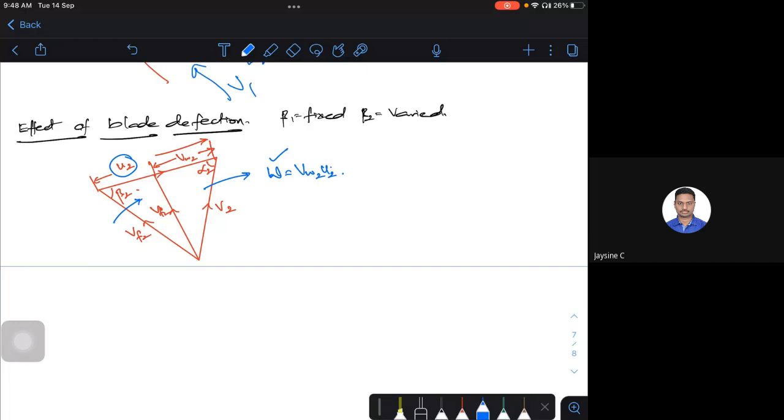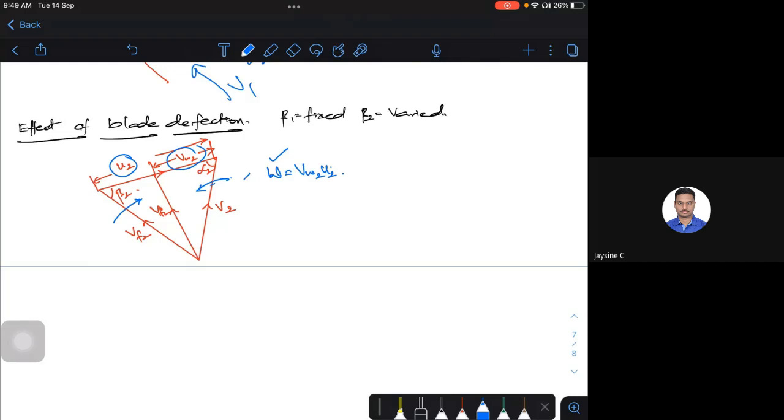This is one thing. And the second thing is, if there is a reduction in alpha, or an increase, it will have an impact on your VW2. So deflection angles means blade deflection as well as fluid deflection.